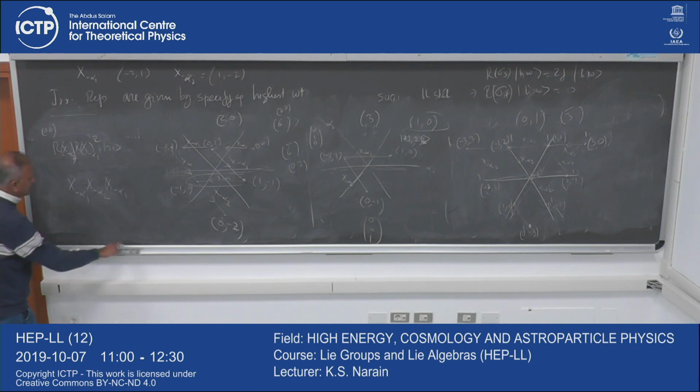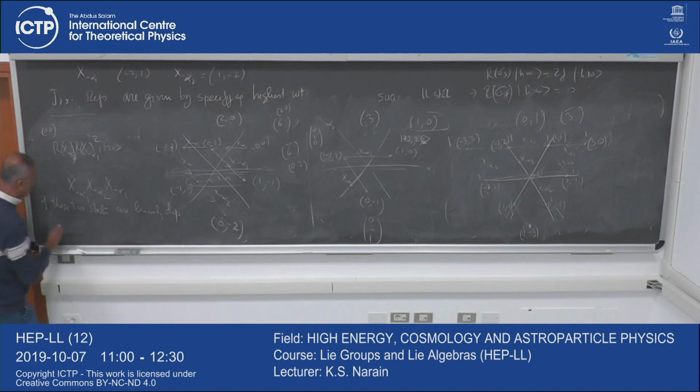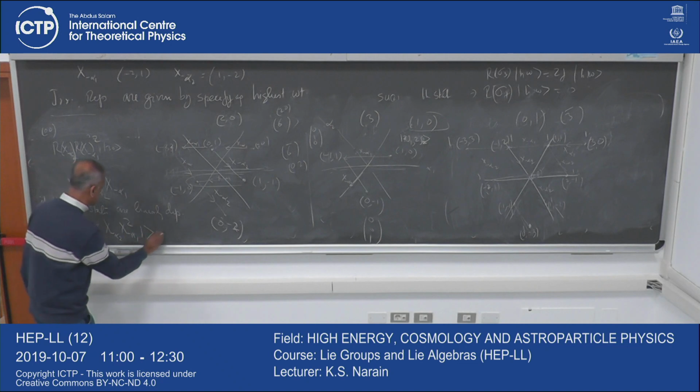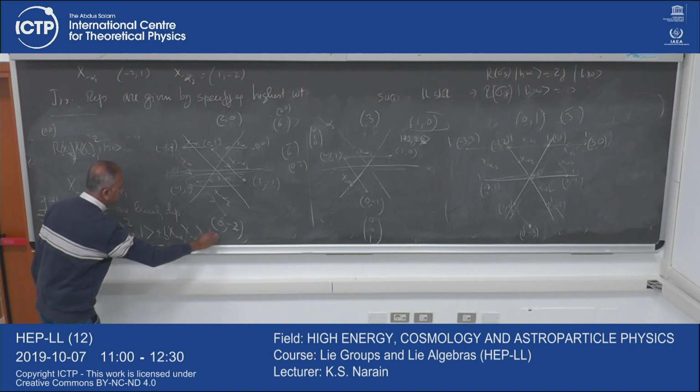If these two states are linearly dependent, then there must exist some numbers a and b such that a times x minus alpha 2, x minus alpha 1 squared acting on the highest weight, I will just write this instead of writing 3, 0, plus b times x minus alpha 1, x minus alpha 2, x minus alpha 1 should be equal to 0.